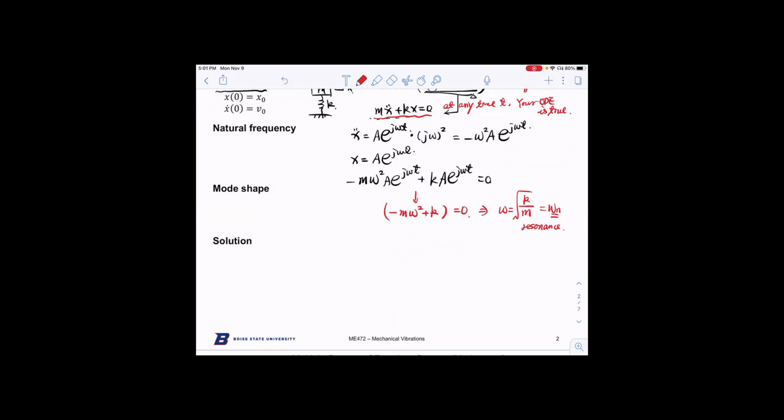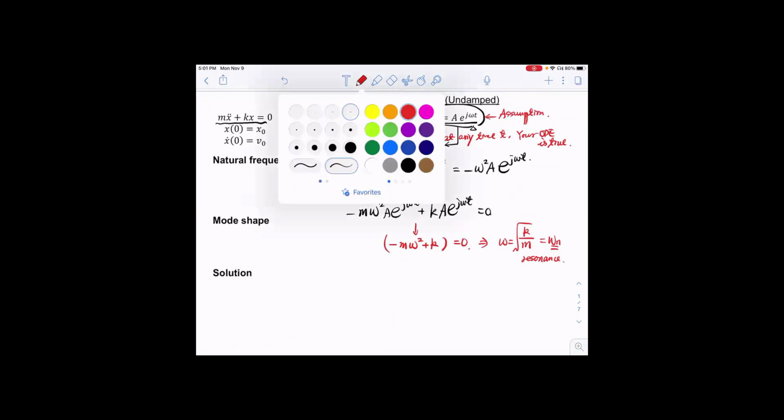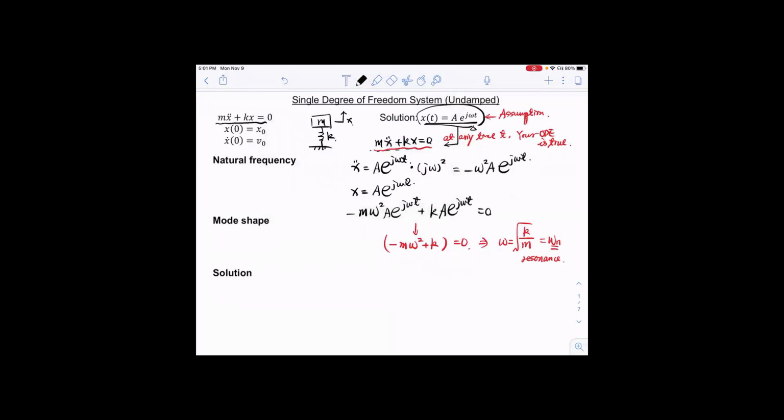Once you find the ω, based on the assumption of our solution, we have x(t) equals A1 e^(jωnt) plus A2 e^(−jωnt). So that's how we find the solution of your ODE.